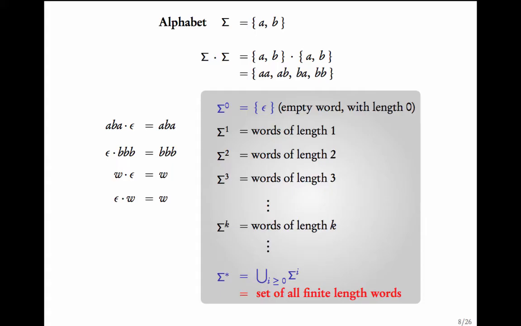In this entire slide, the two things that you need to look at are if my alphabet is this, then we denote sigma star to be the set of all finite length words and this set also includes epsilon. This is just a terminology, there is nothing profound about this. So henceforth we will be using sigma star to represent the set of all words over sigma.